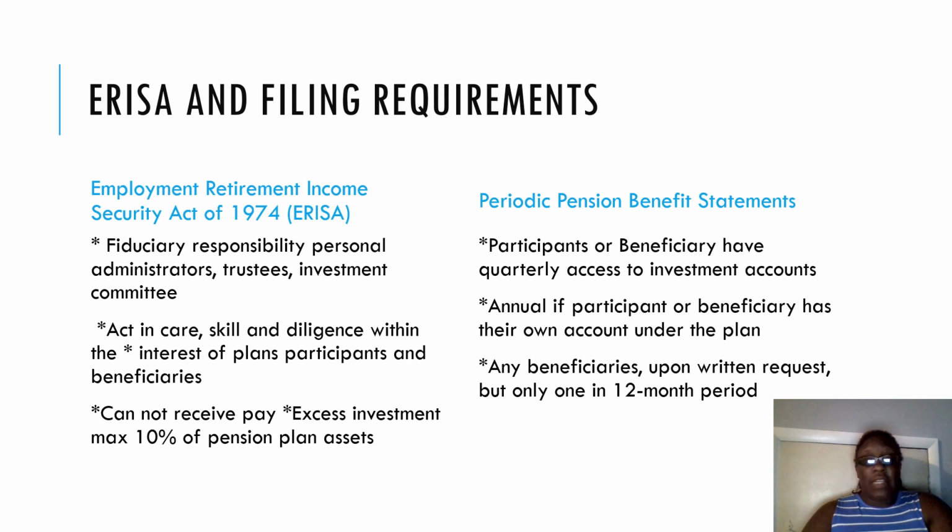If you are receiving full-time pay from the employer or the union, you cannot get paid for being the fiduciary of a plan. Periodic pension benefit statements must also be sent out to the individuals and the beneficiaries, depending on how it is set up, annually, quarterly. We have to make sure those statements are sent out.